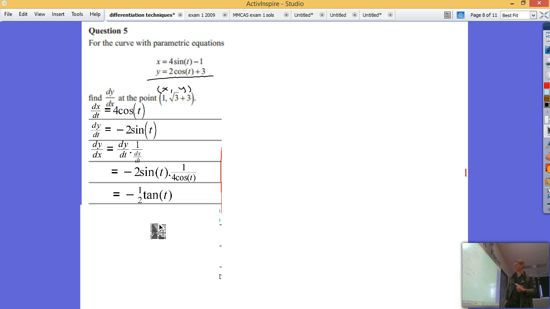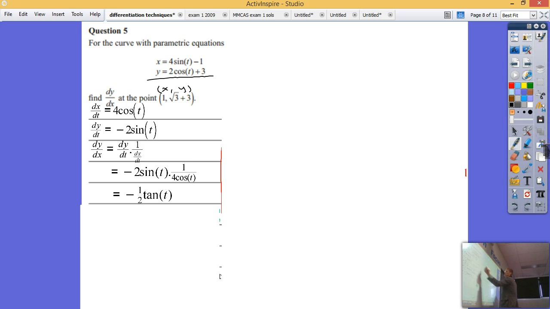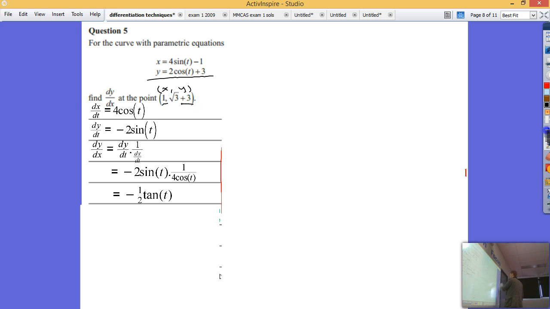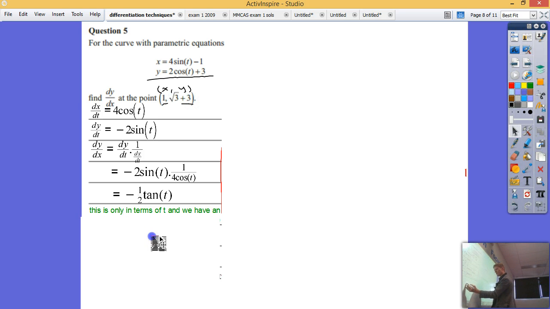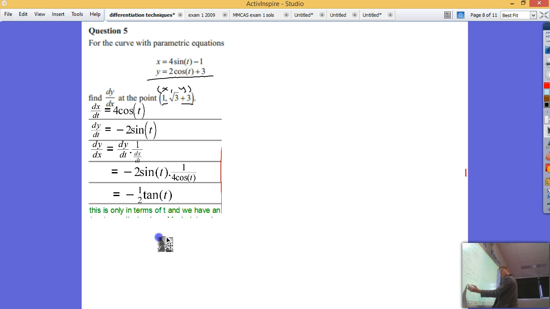Now I still don't have enough information because I don't know what my corresponding t number is for this given x and this given y, where x is 1 and y is root 3 plus 3. So I'm going to have to determine it. This is only in terms of t, and we have an xy coordinate given, so we have to get the corresponding t value for this given xy.